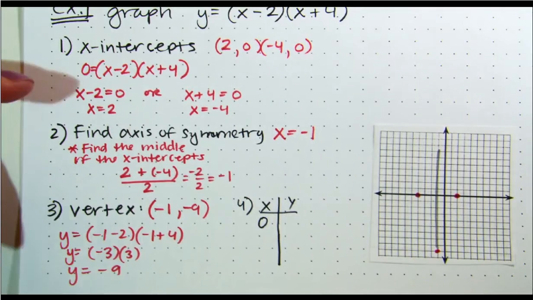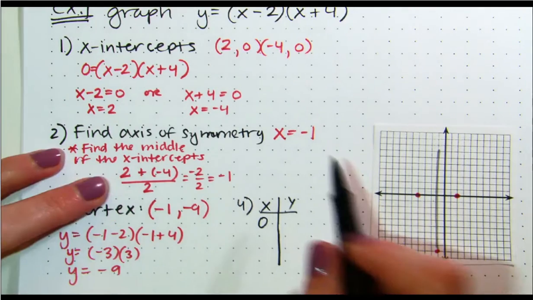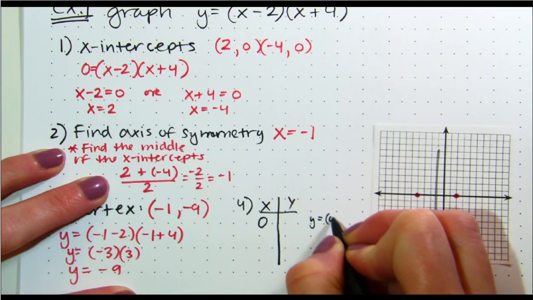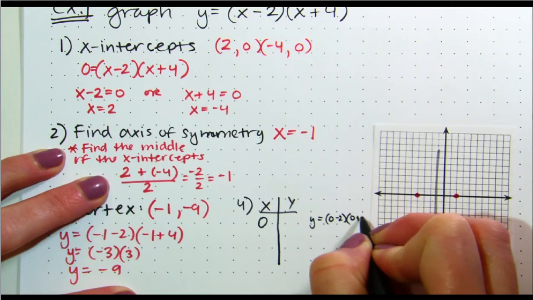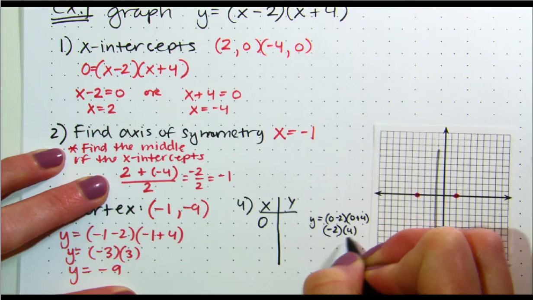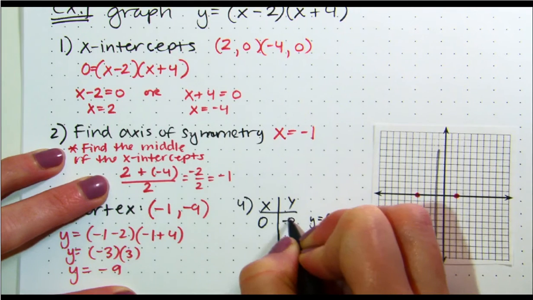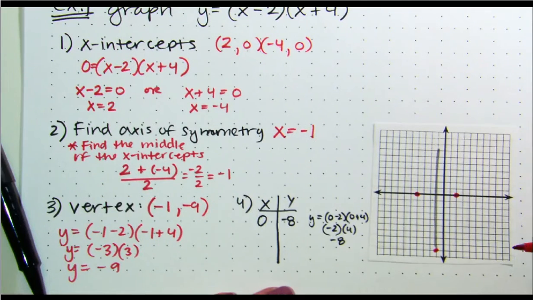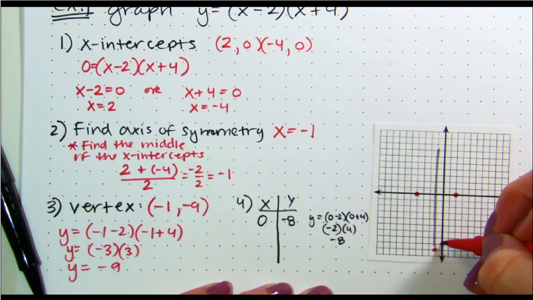So if I pick x equals 0, then I'm going to substitute and do the math. So when x is 0, y is negative 8.